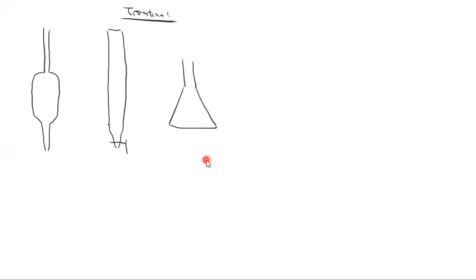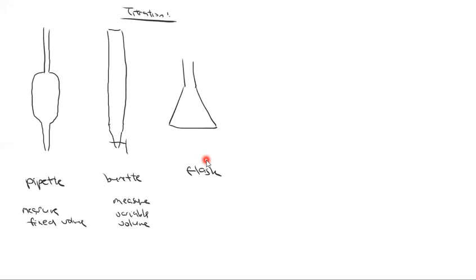You'll have what's called a pipette and what's called a burette. Those are highly accurate, and this is just your flask. The purpose of a pipette is to measure a fixed volume. Your burette is to measure variable volume. And your flask is pretty much just a place for the reaction to occur.